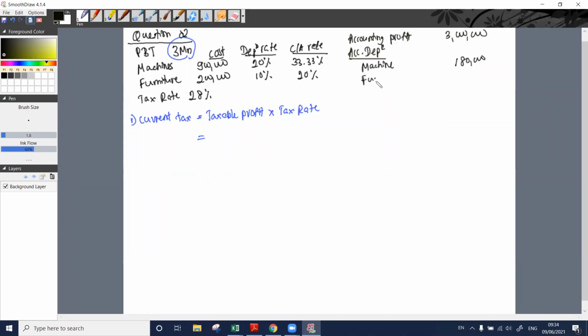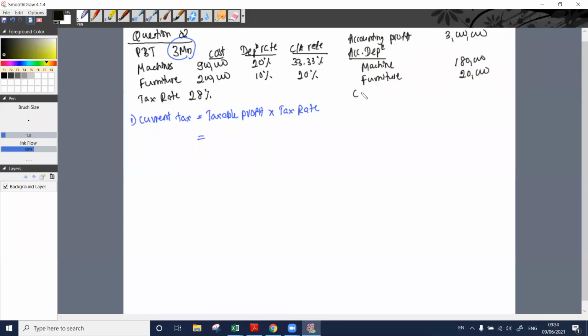What about furniture and fittings? Cost is 200,000. Accounting depreciation rate is 10%. Therefore, 200,000 into 10%, what is the accounting depreciation? 20,000, right? Accounting depreciation is not allowed. Therefore, we need to add back these figures to our accounting profit.